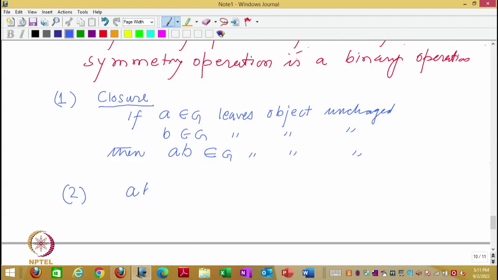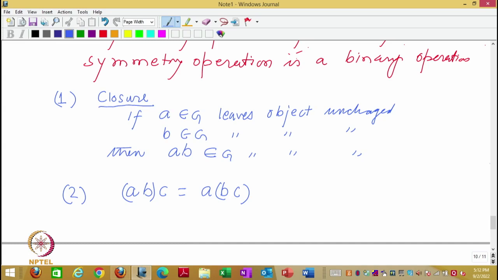Associativity we have to check, but usually it is always satisfied. So, in this case again, what can happen? Nothing else can happen, they have to be the same. AB leaves it unchanged and then you combine it with C, that also leaves it unchanged. So, the net result of the left hand side, AB applied first and then C, is leaving the object unchanged.